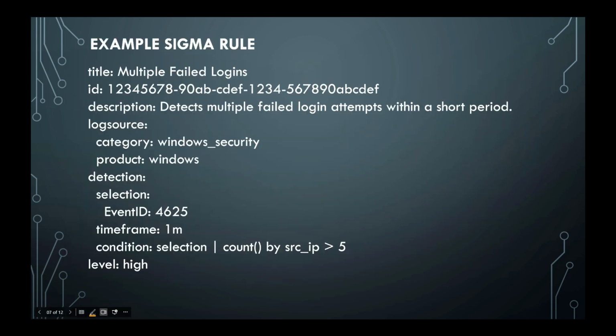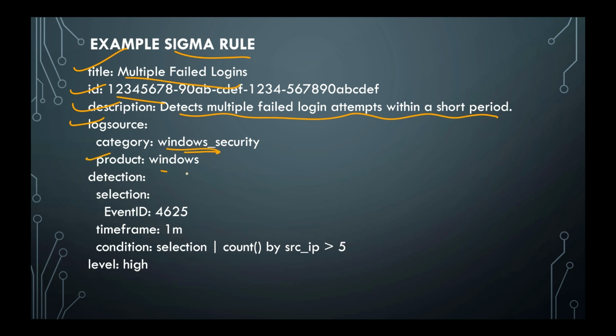Then here I have a simple Sigma rule example. You can see the title is multiple failed logins, and there is an ID, then description: it detects multiple failed login attempts within a short period. And then log sources: category is Windows security, product is Windows, and what it is going to detect is event ID 4625, which means failed logon in Windows.